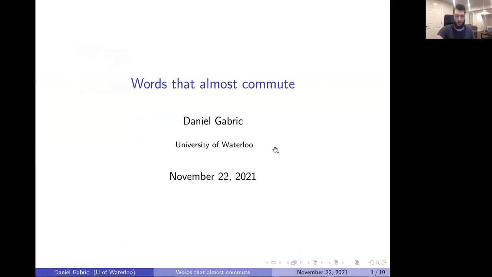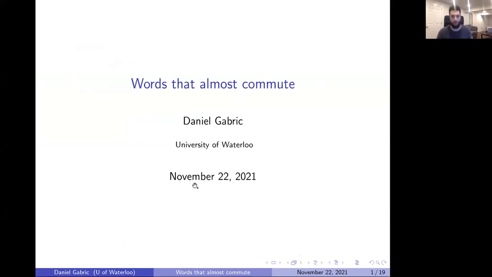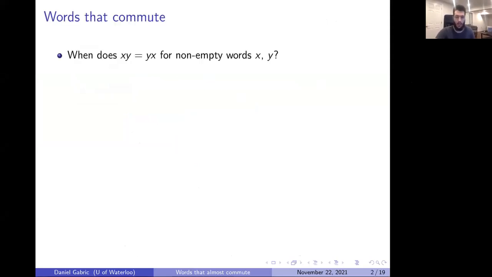Hi. So this is about words that almost commute, and first let's talk about words that commute. When does xy equal yx for non-empty words x and y?